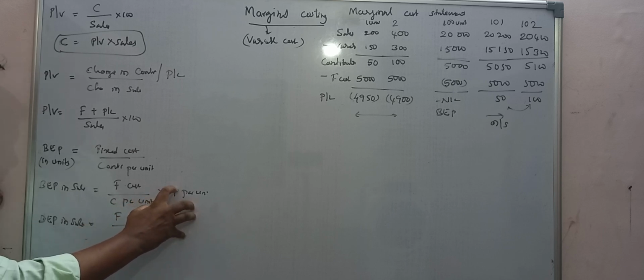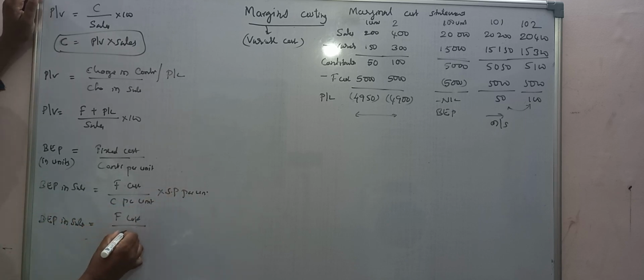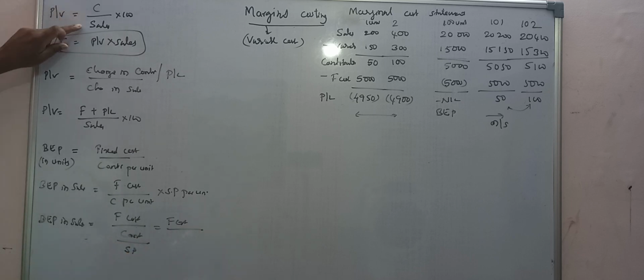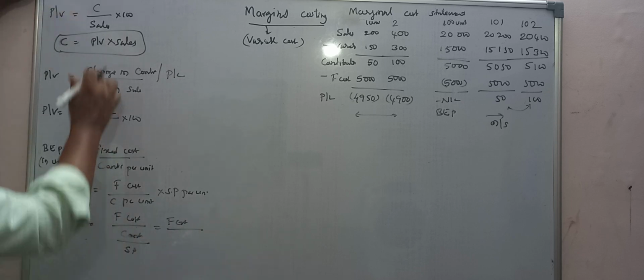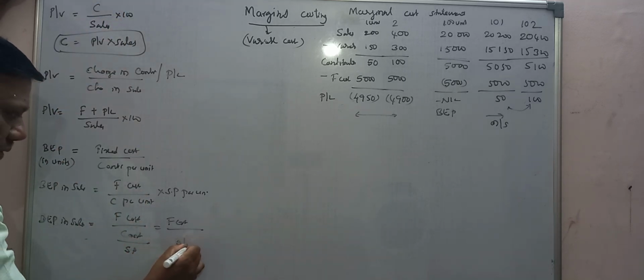In mathematics, if it is written like this, the multiplication becomes division on the other side. Fixed cost divided by contribution by selling price. Contribution by sales, what? That is PV, right? So contribution divided by sales is PV. So I am writing PV only.